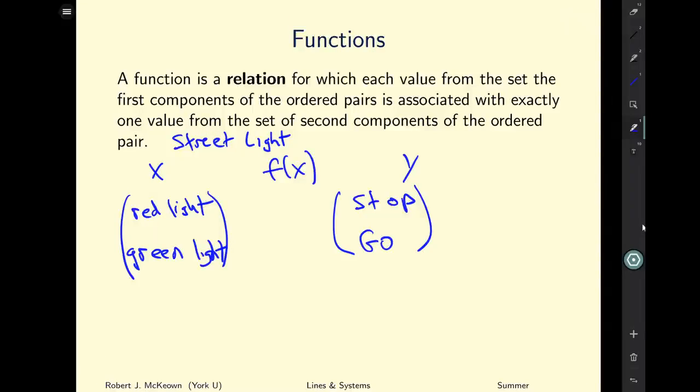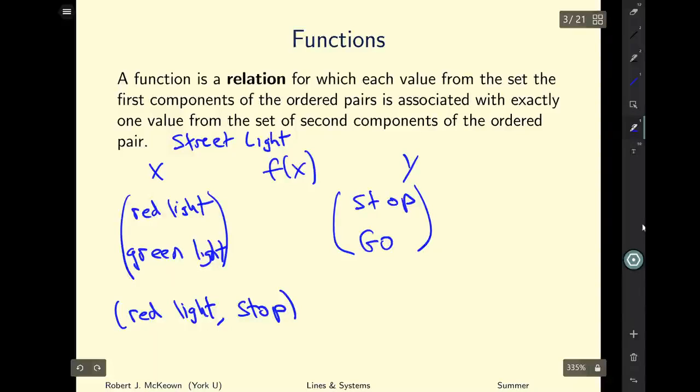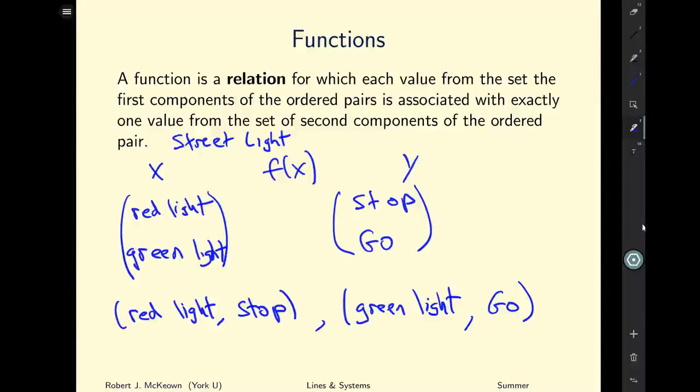So we've got 2 ordered pairs here: red light associated with stop, and another ordered pair, green light, which leads to go. That's an example of a function in everyday life.